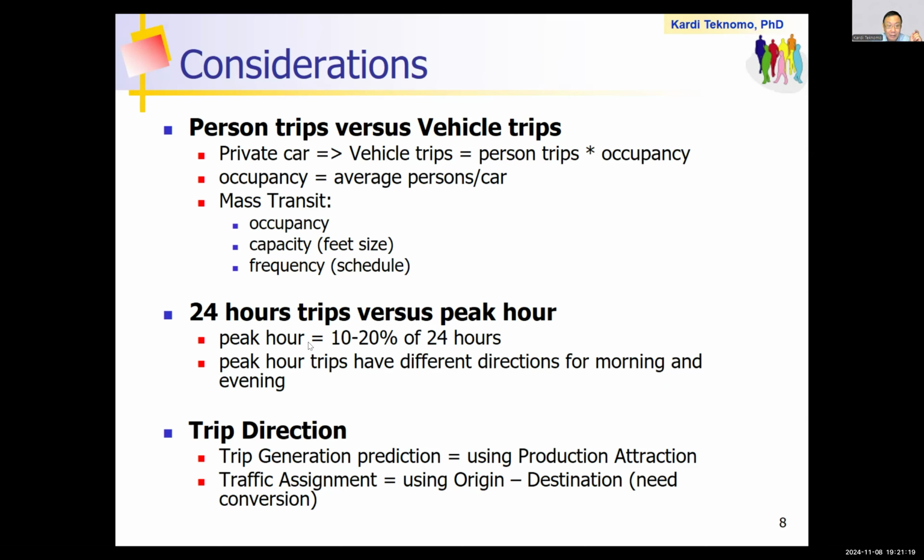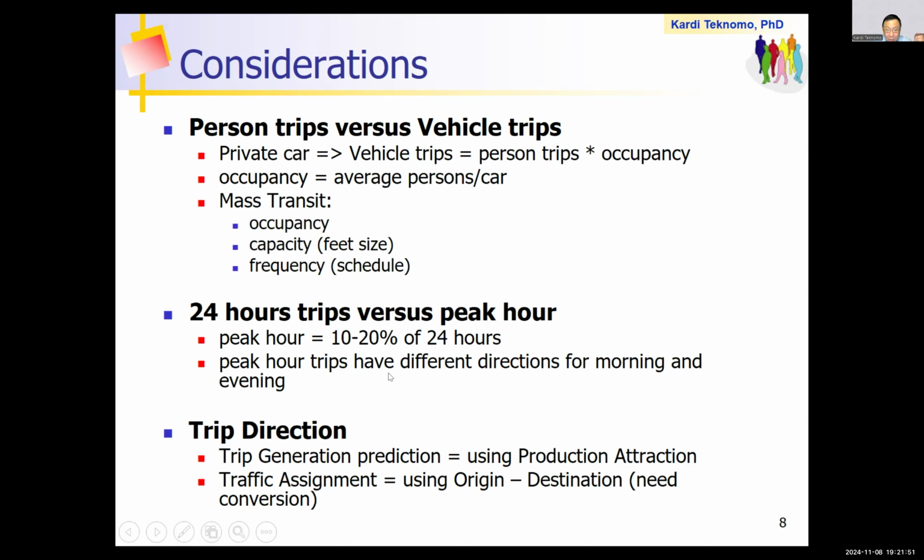You can estimate, the peak hour is usually about 10 to 20% of the 24 hours. For example, if your AADT on that road is 10,000, that means the peak hour is only 1,000 to 2,000. So 10% to 20%.